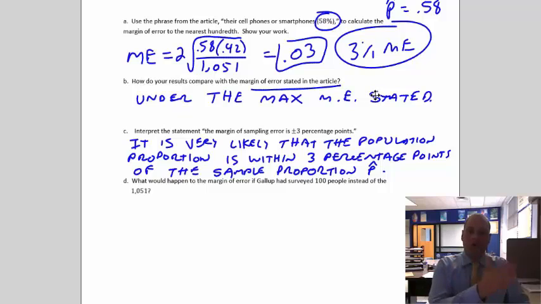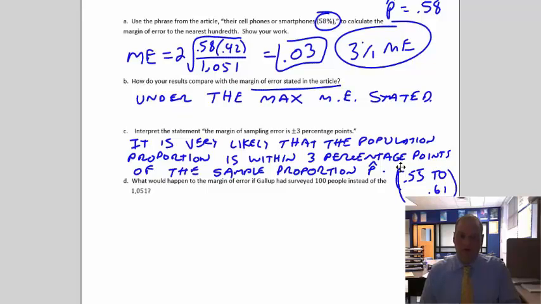So 0.03 above, 0.03 below. So 0.55 to 0.61. Let's put that. 0.55 to 0.61. All right? Put that in parentheses. Just more information, the better, right?